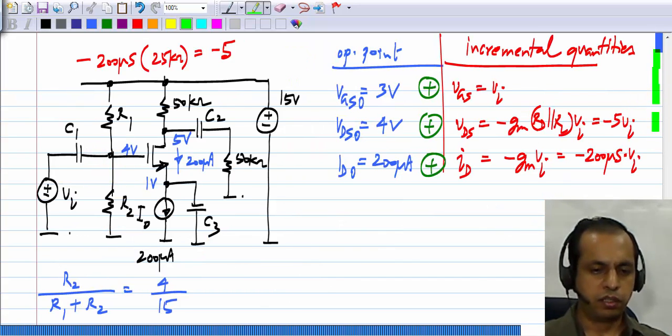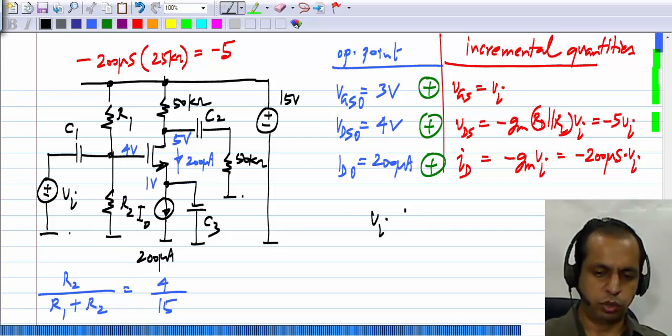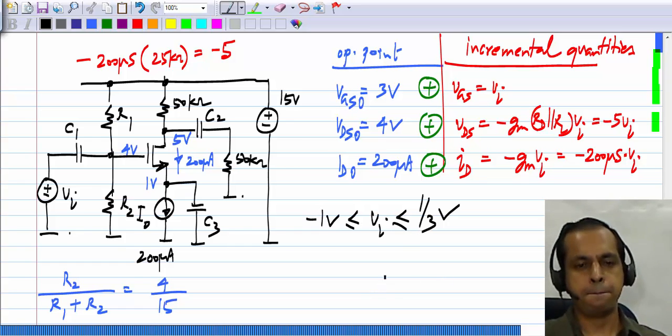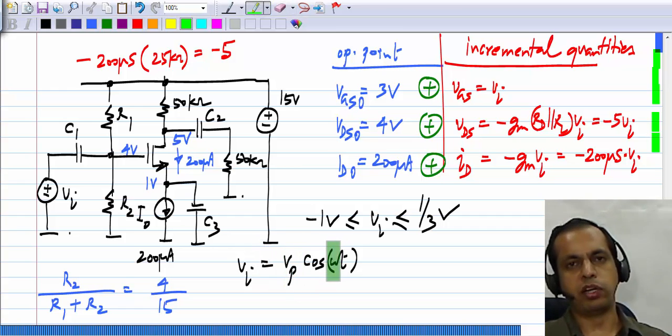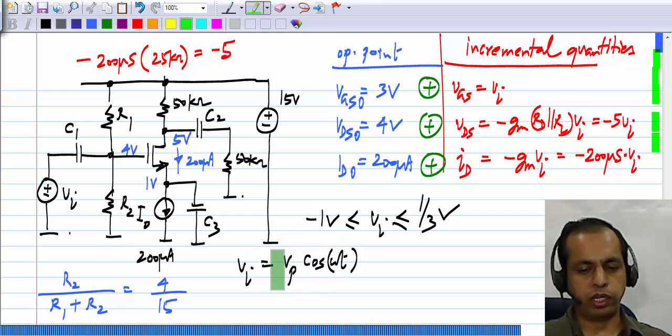in this circuit, Vi should be less than 1/3 volts and greater than minus 1 volt. And let's say Vi is a sinusoid, Vi is Vp cos omega t. Now this is a symmetrical waveform, that is, it goes equally in the positive and negative direction. Then what is the largest amplitude that can be applied?